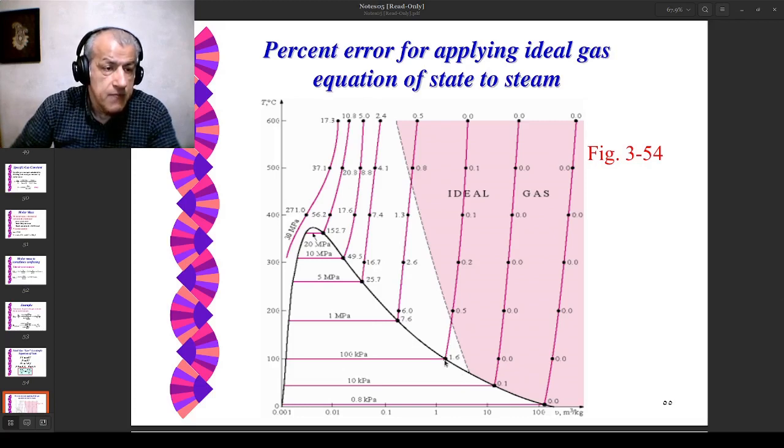And for 1 megapascal, 1000 kilopascals, it gives 7.6 and 25. So these points are in fact not good approximations for perfect gas. But for these points, perfect gas is a good approximation.